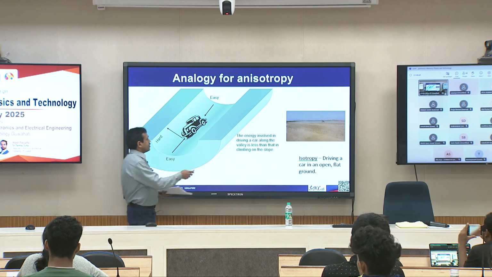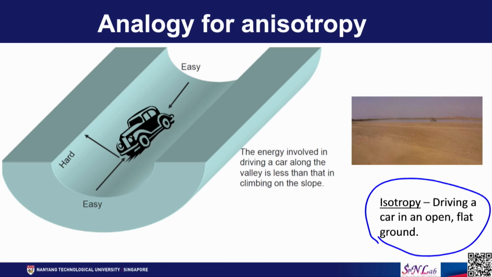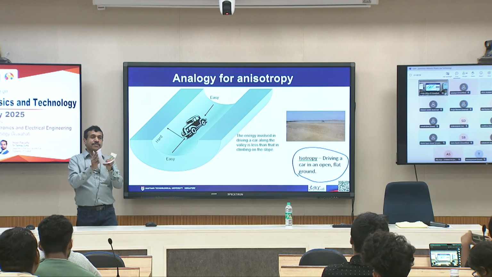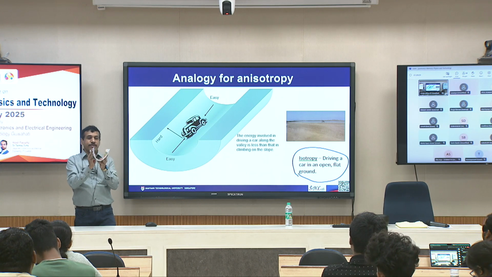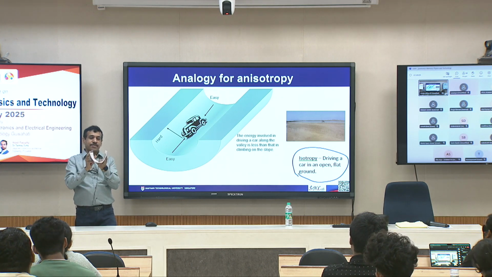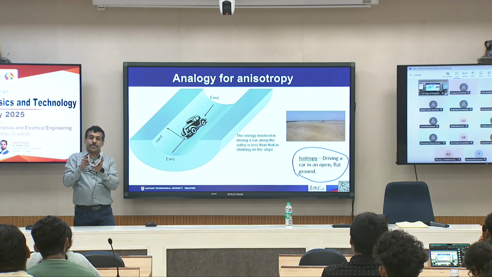So, we can say this is an analogy for isotropy. So, whether you drive any direction, you will find it similar. So, that is isotropy. Now, let us say you have a scenario like this. Okay. You have a road which looks like this. Okay. So, in this case, let us say you want to drive from here to here towards me.